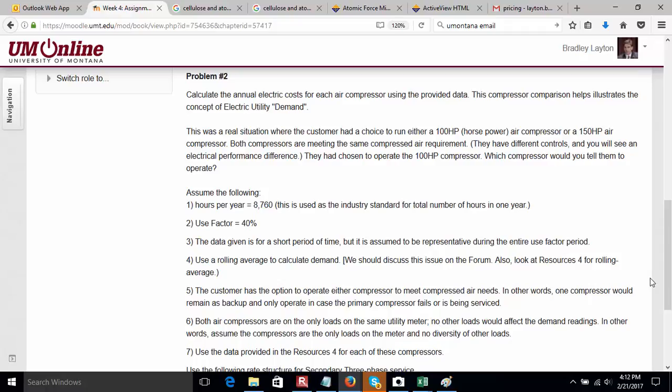This compressor comparison helps illustrate the concept of utility demand. This is a real situation where you could run a 100 horsepower or a 150 horsepower. Both are running to meet the same requirement.